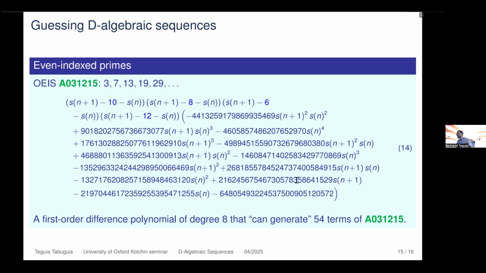Therefore, this cannot exist. Something like this. So it gives you an insight into the proof of the non-D-algebraicity of primes. Okay. Oh, very interesting. Thank you.